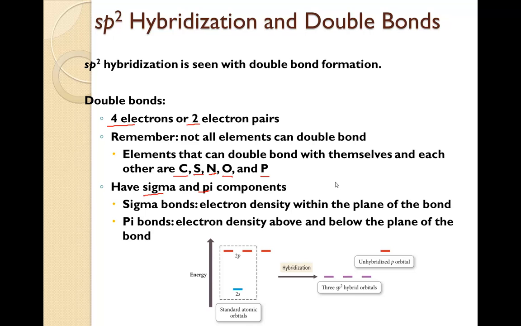So it does have one overlap of either p orbitals or s orbitals where they're actually overlapping, and then a pi component where it has a top and a bottom. Sigma bonds are electron density within the plane of the bond, while pi bonds have the electron density above and below the plane of the bond.